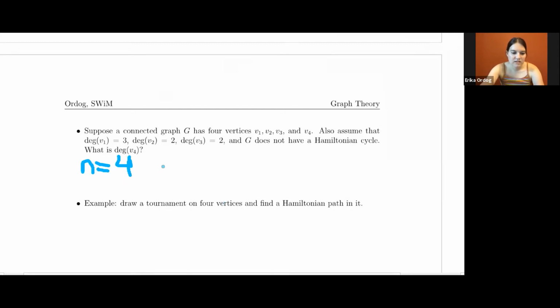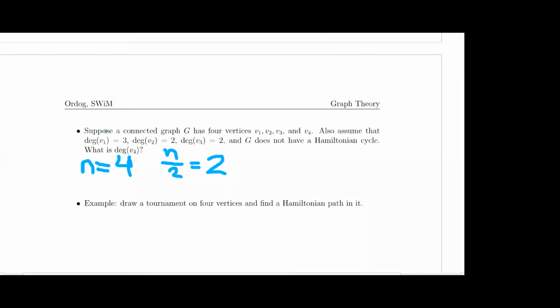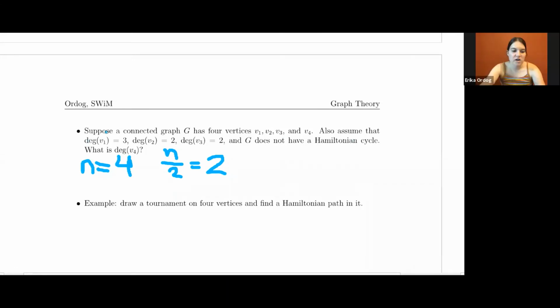If the degree of each vertex is at least n over 2, then G has a Hamiltonian cycle by theorem 1. But it doesn't have a Hamiltonian cycle, so we want to make sure it's not true that all of the vertices have degree at least 2.